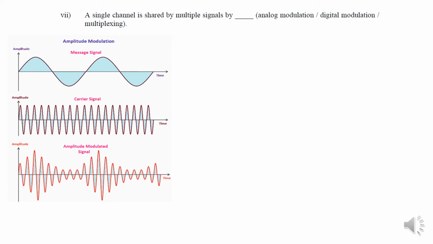In the case of analog modulation, there are three different types. This sinusoidal wave is a message signal, and any signal is basically written in terms of an equation.